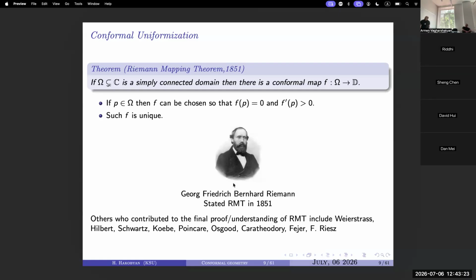There are lots of people who contributed to this, because Riemann, who formulated this, did not formulate it like this at all.